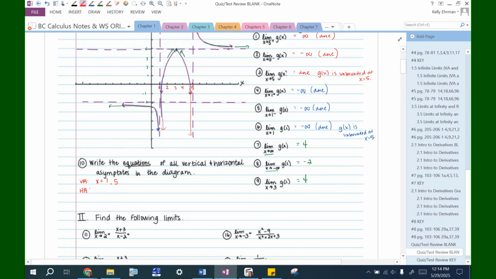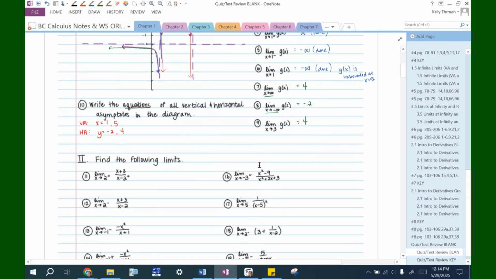Horizontal asymptotes, y equals negative 2 and positive 4. Sometimes they ask you to use limit notation to describe horizontal asymptotes. That's what they were doing in problems 7 and 8. So that would be what I would answer if the problem said use limit notation to describe asymptotes.